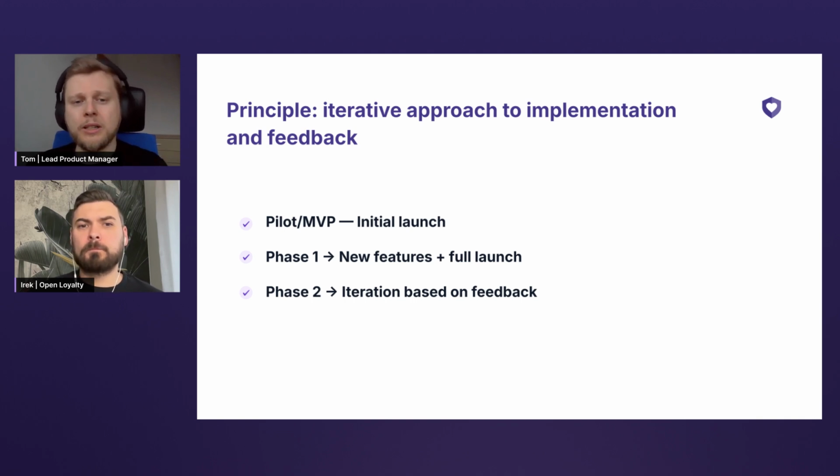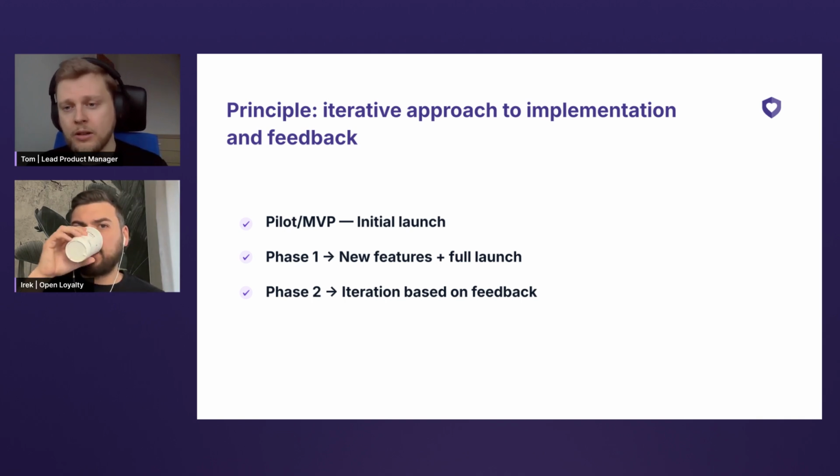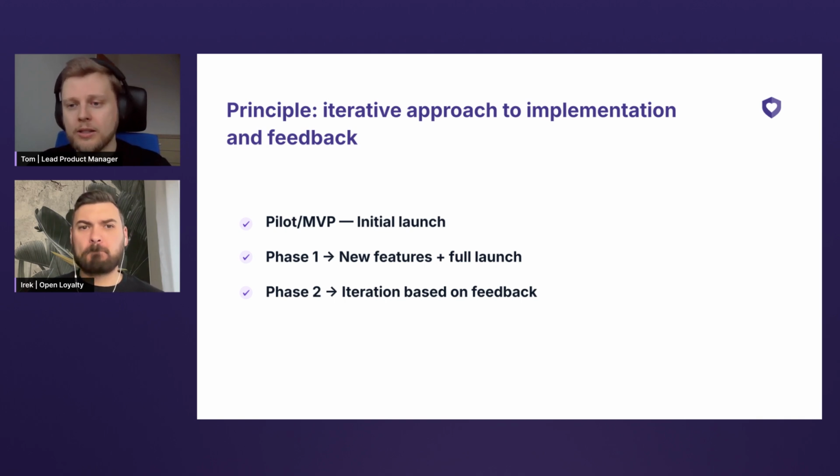And then there would be next phases, which would be full rollout, full launch, and then gathering feedback, going back to your customers with new mechanics, testing and checking how it works and how you can improve and what other engagement mechanics you can use to basically get your goals, right? You want to fulfill your business goals that you defined.